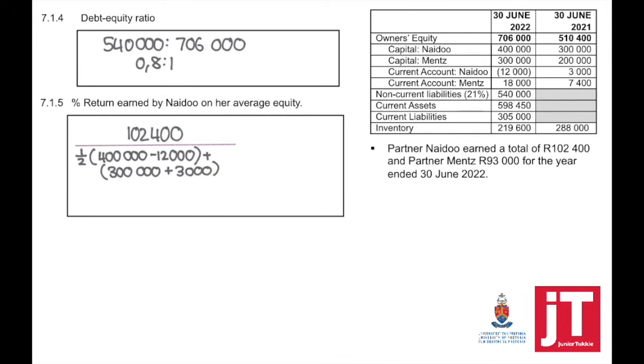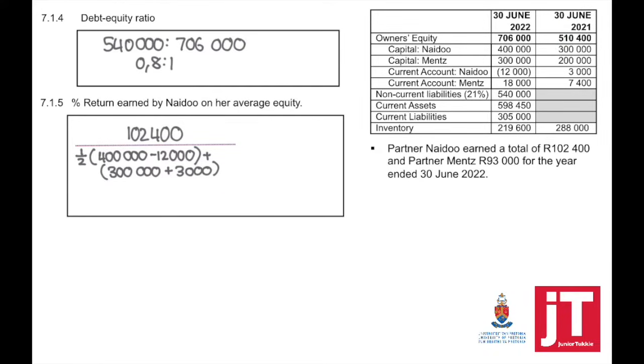Now, when you look at your current account, if it's a negative, it means it must be subtracted. So we had 400,000, Naidu, her capital in 2022, minus current account 12,000 in 2022.